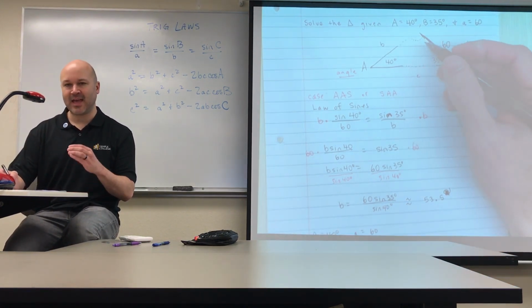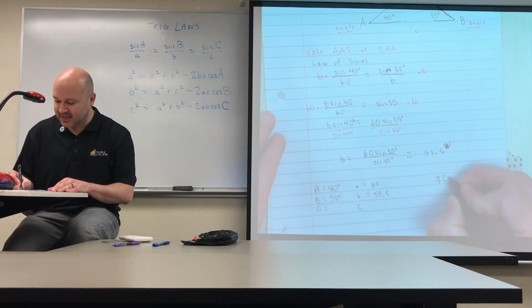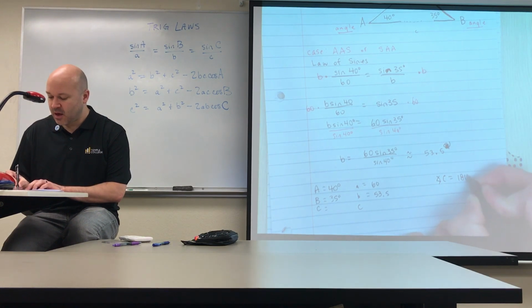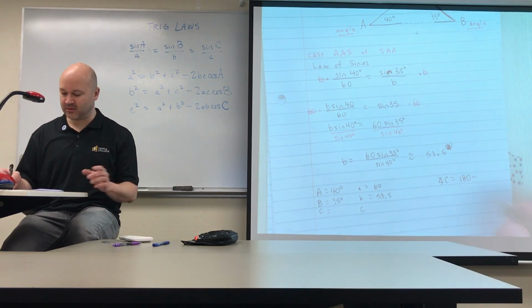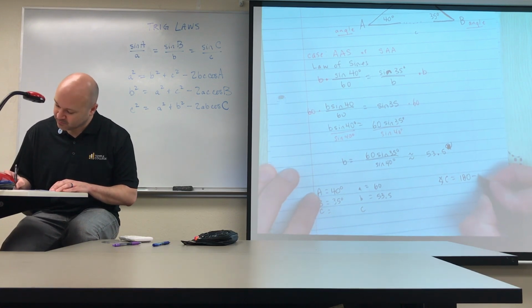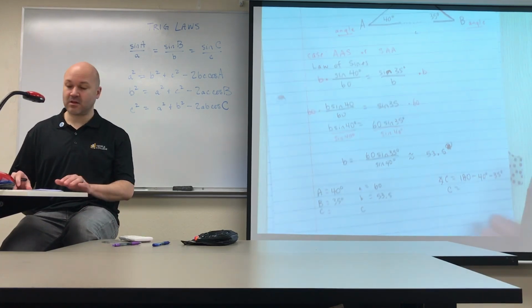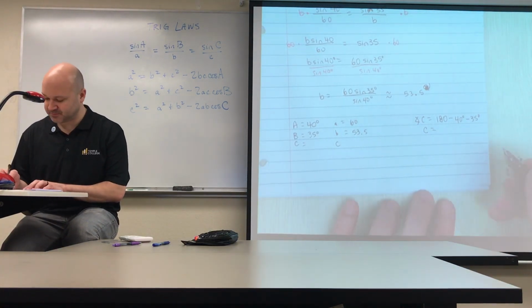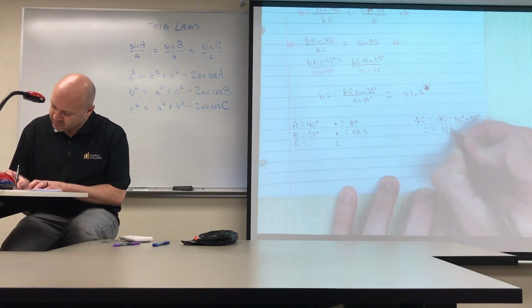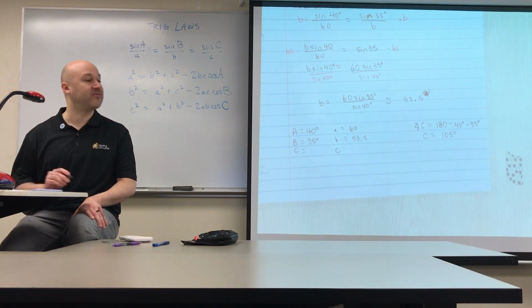So I can find angle C right off the bat. Angle C is equal to 180 minus the other two angles in the triangle, because the three angles add up to 180. They're supplementary. So I think that's 105 degrees. 180 minus 75 gives me 105.